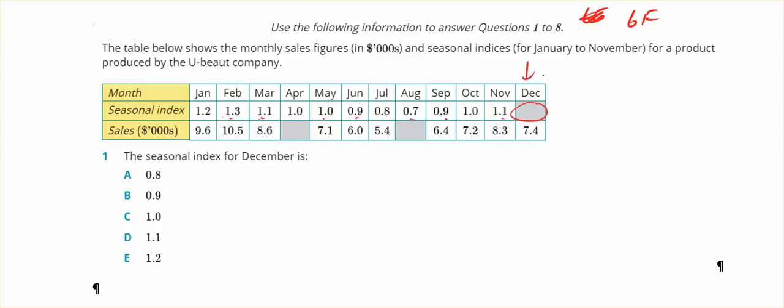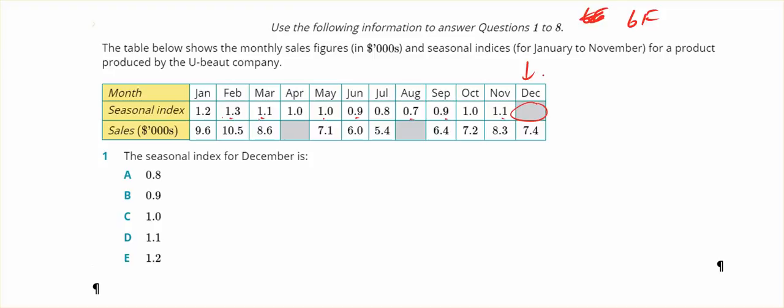How we do that is we need to count the number of seasons in a year. Because we're dividing the year into months, there are 12 months in a year, or 12 seasons in a year in this case. If we're dividing the year into quarters, there'll be 4 seasons in a year.